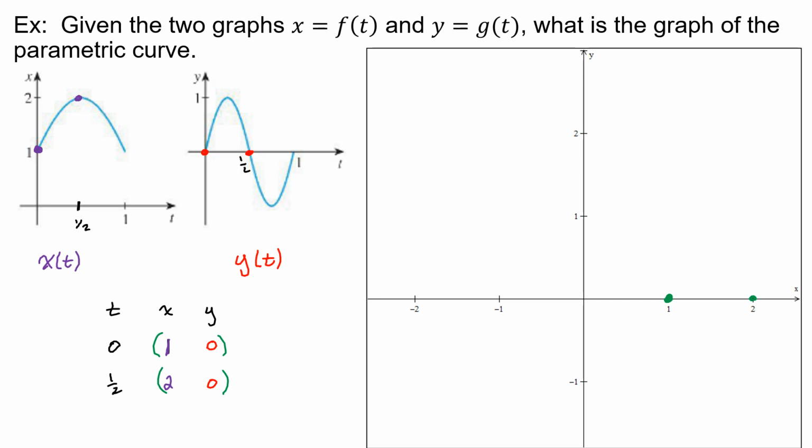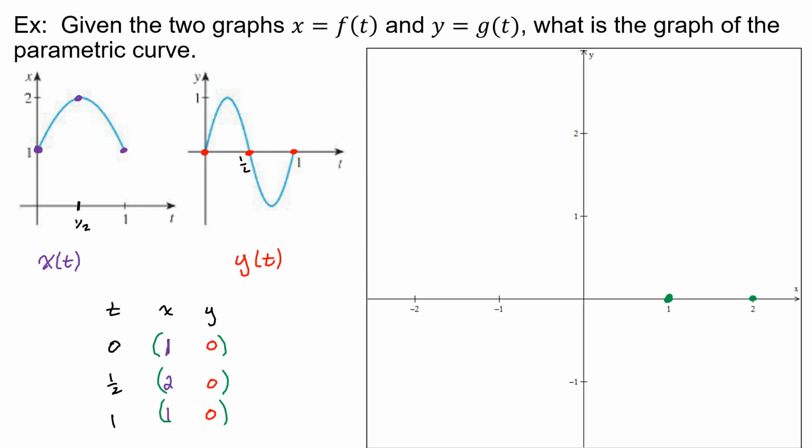And if I do another one, when t is 1, I'll end up with this point when x is 1 and y is 0, which doesn't do me a whole lot of good because that's the same point I started with. So plotting points is not always going to give you the graph.